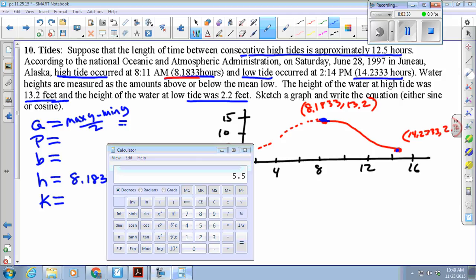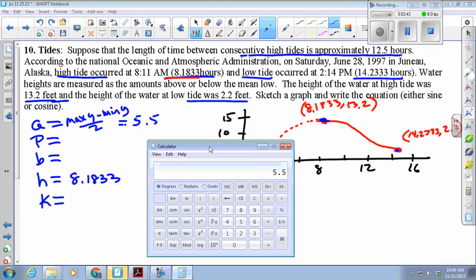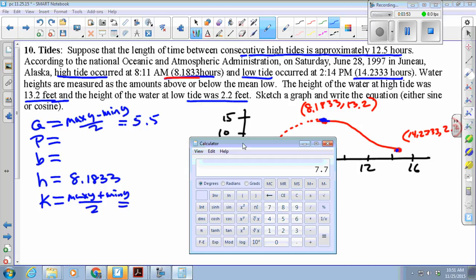Okay, so we got 5.5 for our amplitude, and now we've got to do the same thing for the k value. Remember, that's maximum y plus minimum y divided by 2. All right, and that one's going to equal 7.7. I'll let you do the arithmetic on that one.